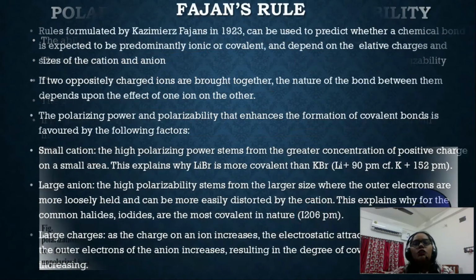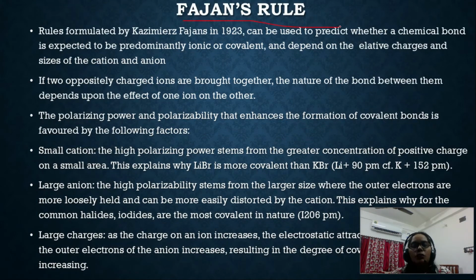Now, according to Fajan's rule, if we have a small cation, that cation has a higher polarizing power, so it has a tendency to make the covalent bond more. For a larger anion, the electrons are loosely bound, and that is why the electrons can be distorted more towards the positive ion.